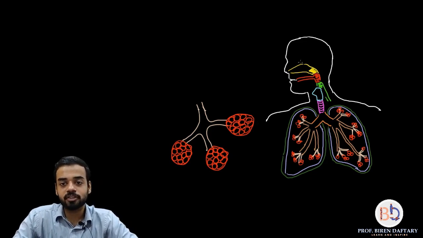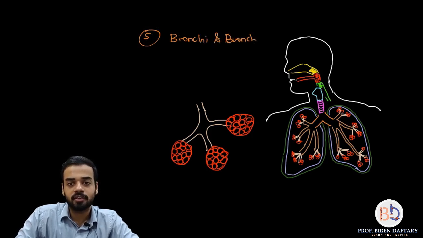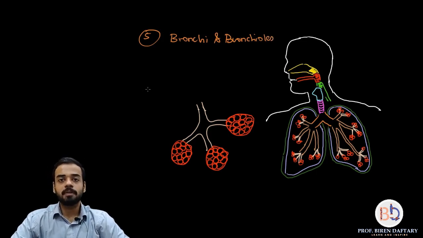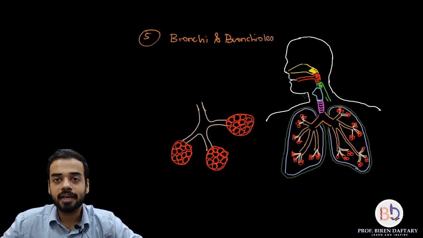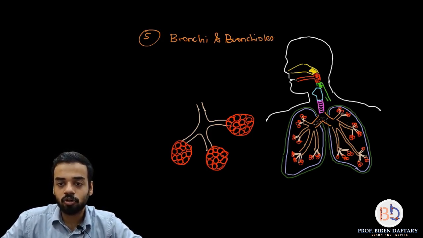We have finished with the nose, first part, pharynx, second part, larynx, third part, trachea, fourth. Now this fifth part is about bronchi and bronchioles. Everything we are going to learn together. Please remember, the bronchi is this part which I am shading, this orange part.